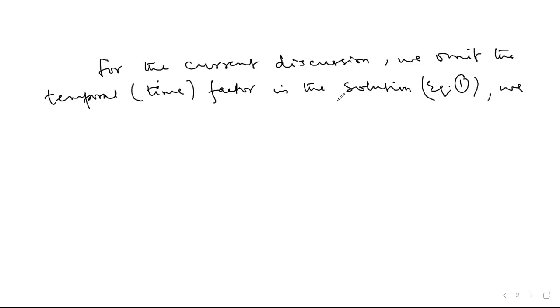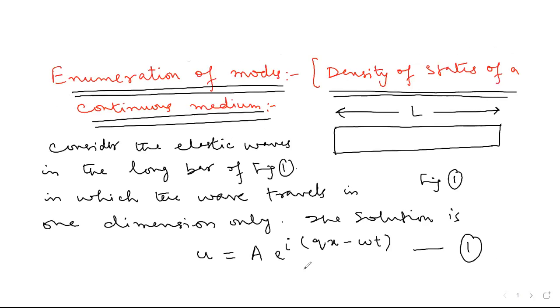When we do that, we have this equation. I will write with another color. U is equal to A e raised power iota qx. This is my second. This is simply equation first written without time dependence.